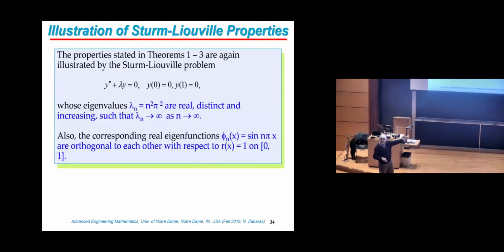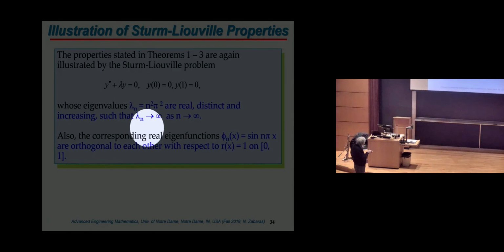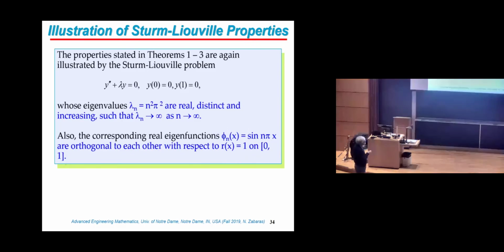For y double prime plus lambda y, what were the eigenfunctions looking like? Sines of square root of lambda x, right? And what is the orthogonality property of sines? We did this when we did Fourier analysis. The product of sines for two different coefficients gives you 0. And is that what we had before? Yes, because r equals 1 in this problem.